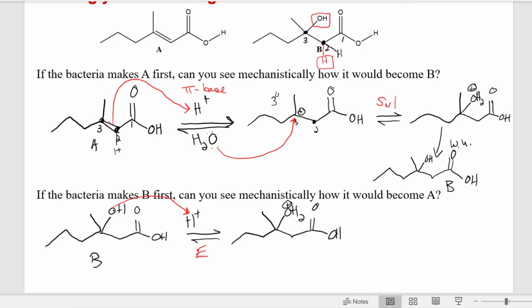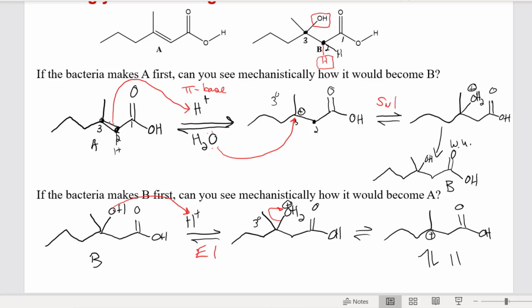I have a tertiary leaving group. I'm probably going to do E1. The leaving group is going to leave. I'm going to form a tertiary carbocation. Oh, look, that's what I had. I'm literally just going backwards from the reaction we just did.